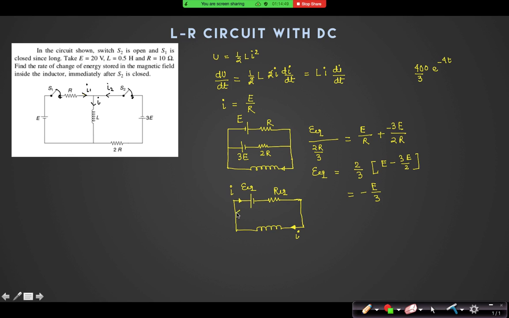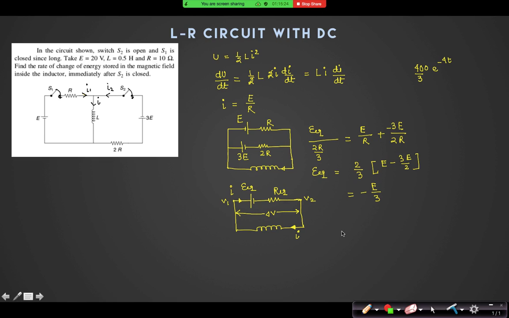So what is now the potential difference across these two ends? Can you tell me what is the potential difference? E equivalent plus I R equivalent. E plus IR or minus IR? E plus IR. Okay. Suppose this is V1, this is V2. Whenever in doubt, apply basic concept.